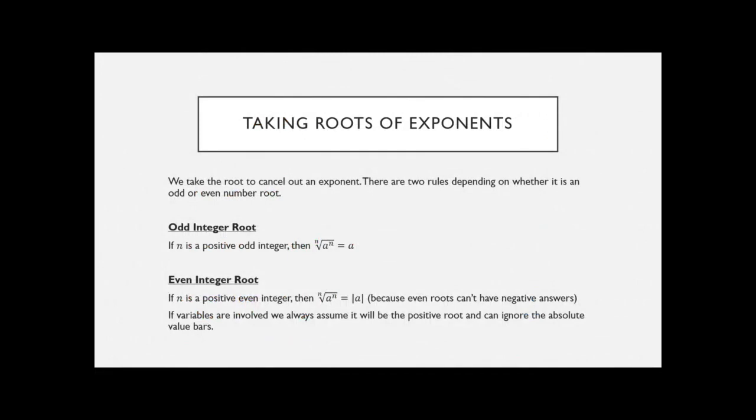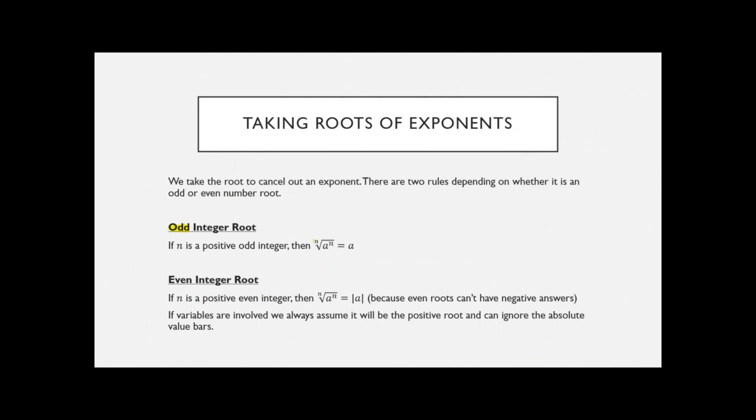Okay, so I've basically been doing this already, showing you how this works, but what I've been doing is using this rule for square roots where the root and the exponent cancel. So we've got two different rules depending on whether it's an odd or an even.